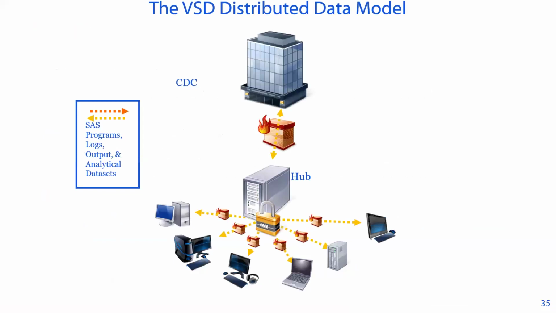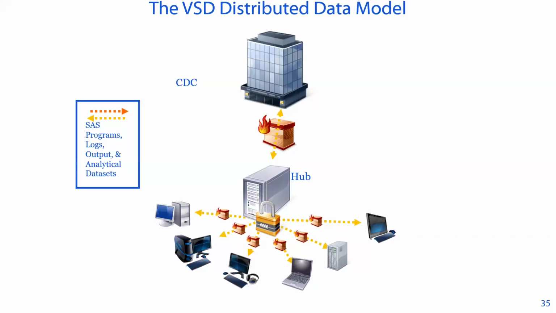So this is a figure of the distributed data model, and the dynamic data files are accessed and analyzed through what we call the distributed data model. And there's a hub, which is at Northern California Kaiser, behind their firewall. And then each VSD site houses their data files behind their respective firewall. And the sites and the VSD can submit SAS programs to query the data by submitting SAS programs to the hub.